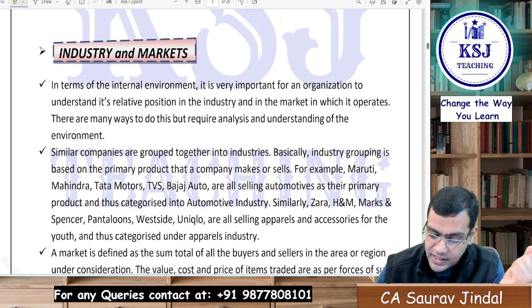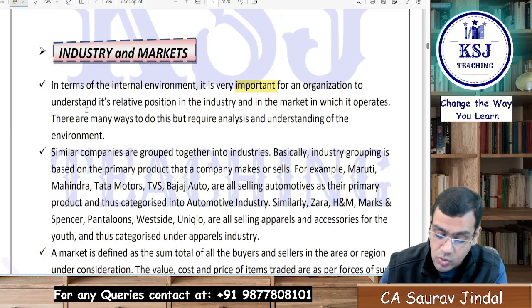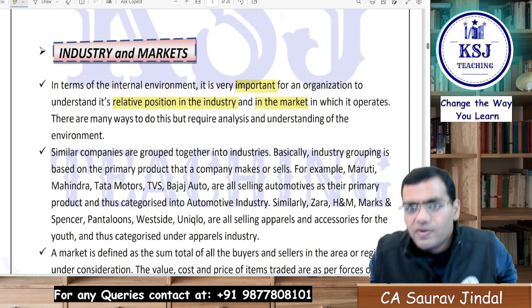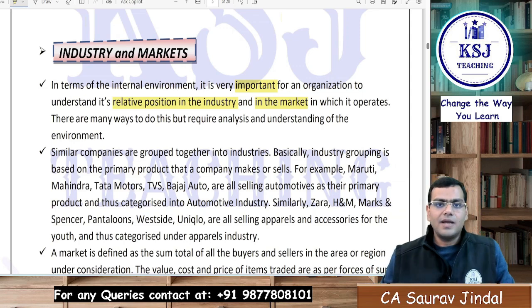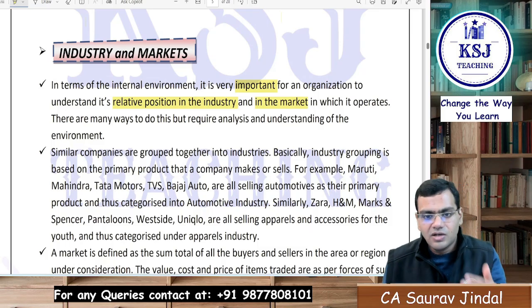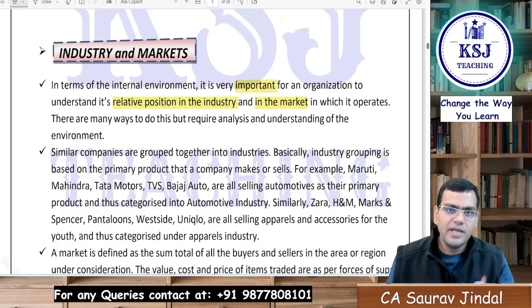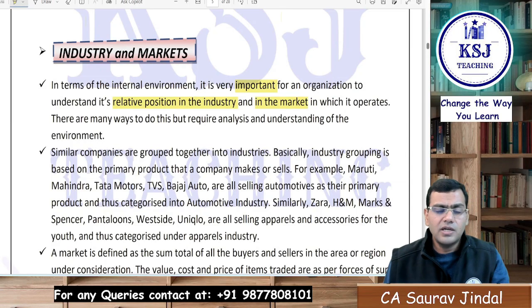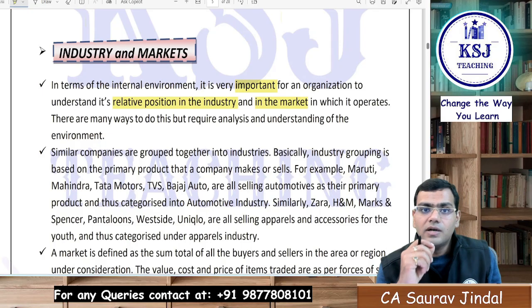In terms of internal environment, it is very important for an organization to understand its relative position in the industry and in the market in which it operates. He says when you are analyzing the internal environment, the product that you are manufacturing, the technology you are using, the raw material, the organizational structure, it is important to understand your position in the industry.